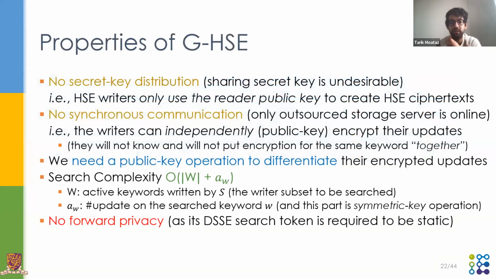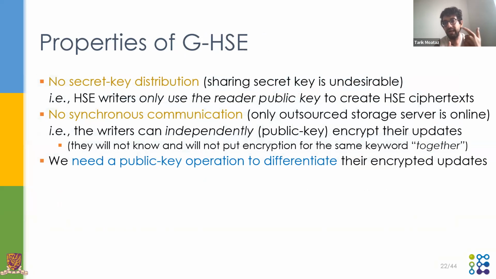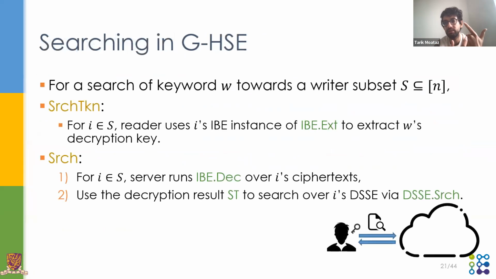Sorry, Sherman, I'm not sure I understand very well why in your search complexity you have the number of active keywords written by S instead of just having the set S. Maybe what I'm missing is, are you assuming something about the IBE encoding of the keyword space here?